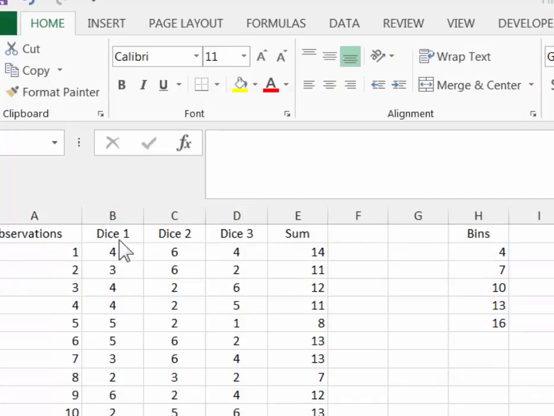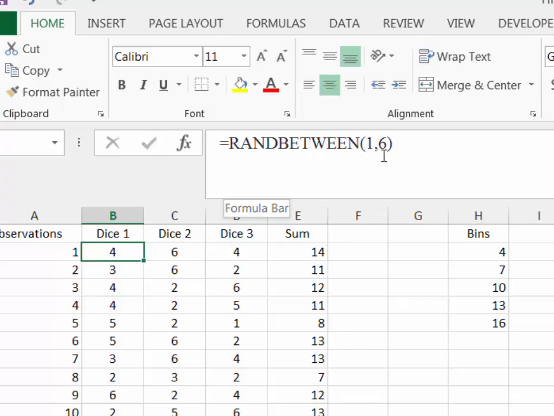So here I have dice 1, dice 2, and dice 3. In each one of these boxes, I have a random number between 1 and 6. It just gives me any random number between 1 and 6, just like rolling a dice would. Then I have the sum of the dice rolling over here, which is 14.